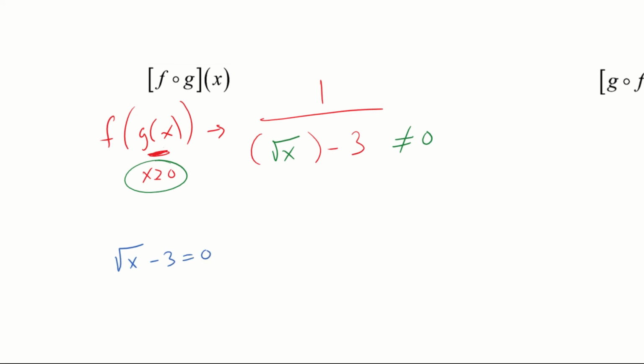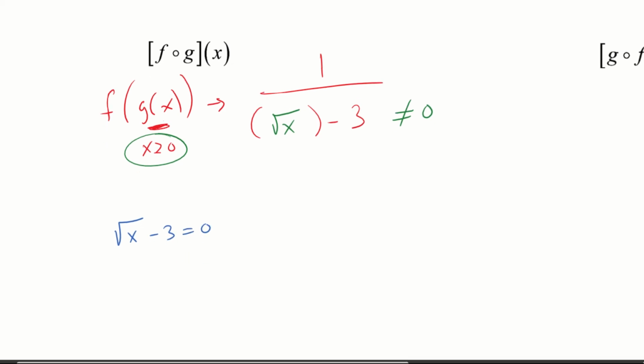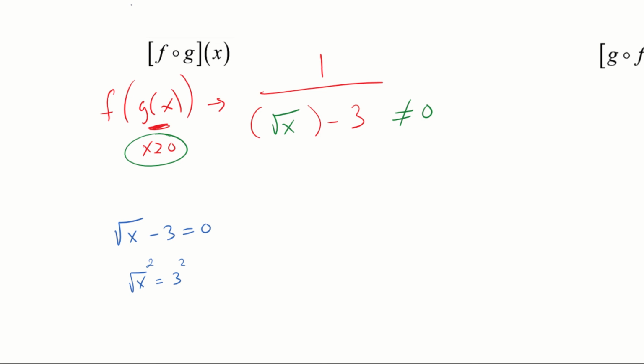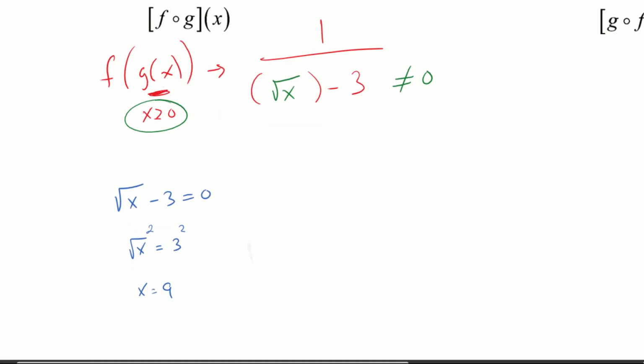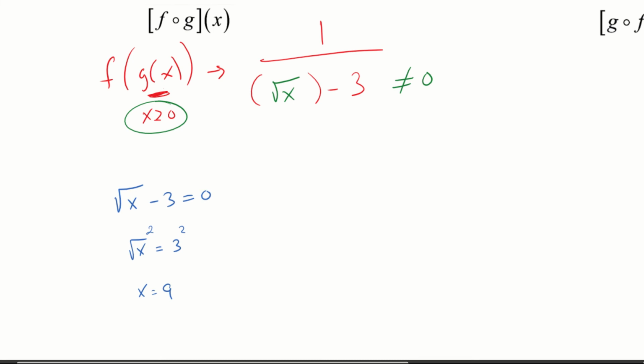We're going to figure out when it is equal to 0 so we can avoid those numbers. We solve for x by adding 3 and then squaring both sides, and that gives me x equals 9. So technically my other domain restriction is x cannot be 9, right?